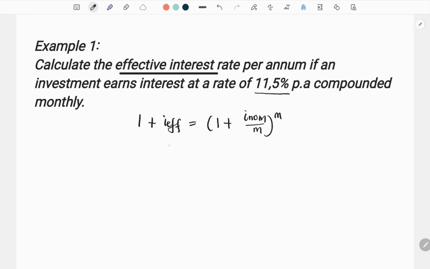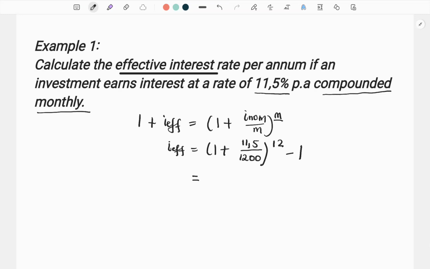Then you transpose the 1. I effective equals 1 plus what is your I nominal? Remember, you don't have to put a percentage. You're just going to say 11.5 divided by, compounded monthly, remember I said you take your percentage, then you say over 1,200, to the exponent of 12 because it's monthly, minus 1.